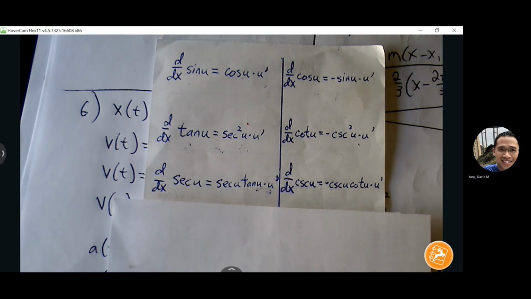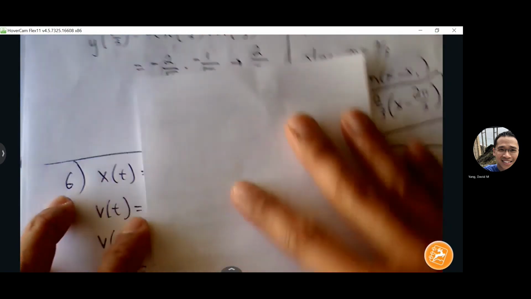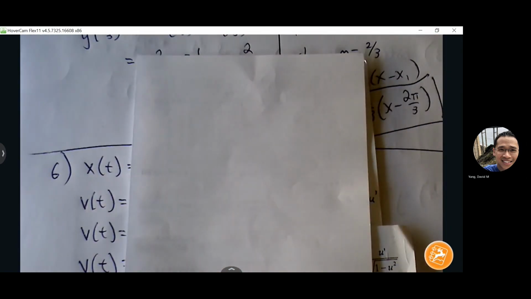All right, go ahead and try that. Organize it in 2 columns. I think that's the best way to see all the connections between the trig functions.